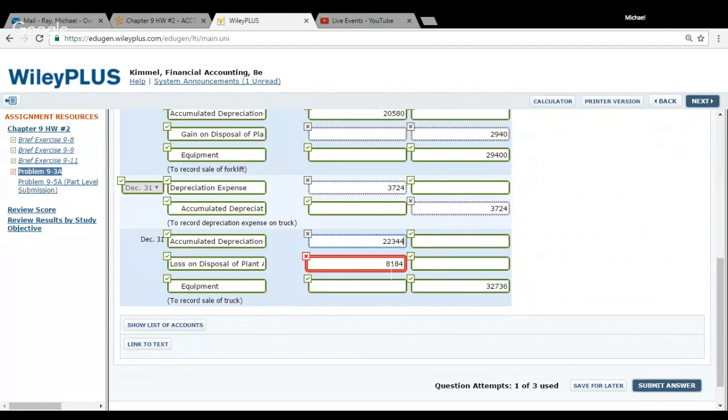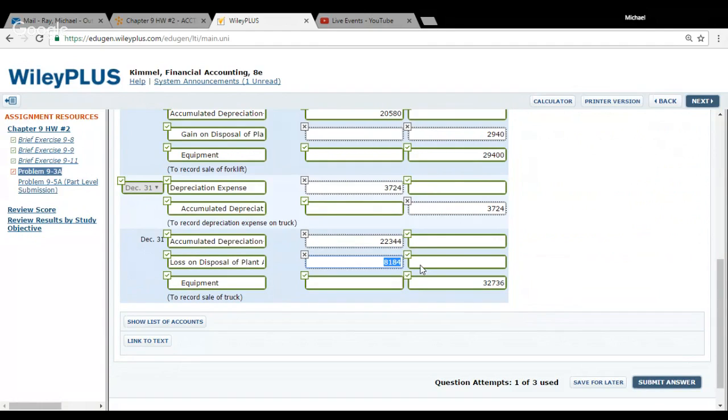So the difference between these two, we want to get up to this amount here. So we'll take $32,736 minus 22,344.